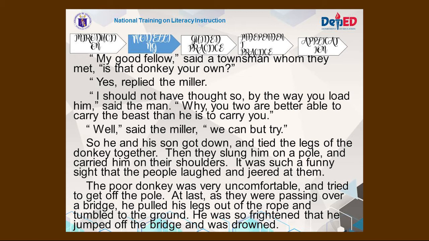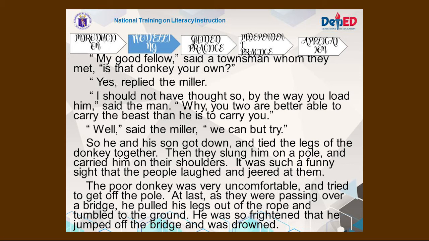So he and his son got down and tied the legs of the donkey together. Then they slung him on a pole and carried him on their shoulders. It was such a funny sight that the people laughed and jeered at them. The poor donkey was very uncomfortable and tried to get off the pole.